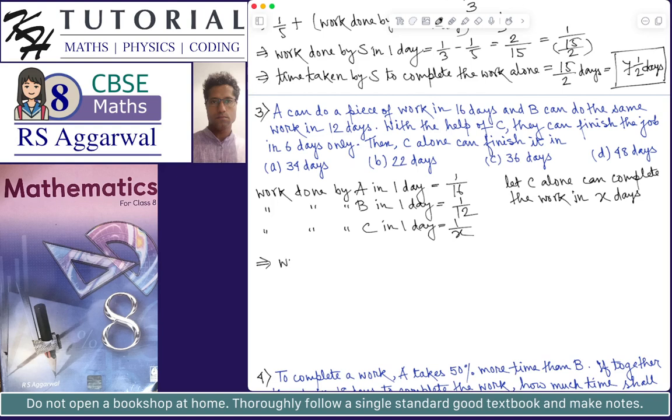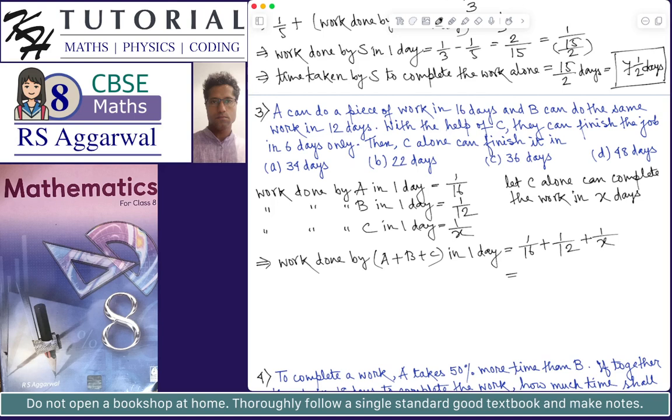So we have work done by A plus B plus C in one day will be equal to 1 by 16 plus 1 by 12 plus 1 by x.